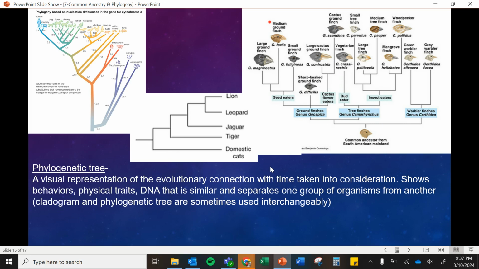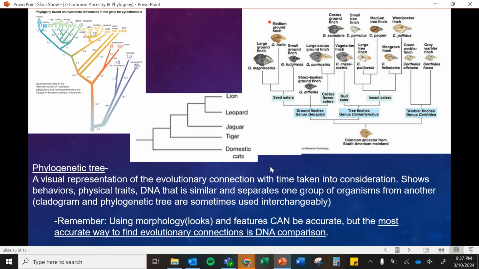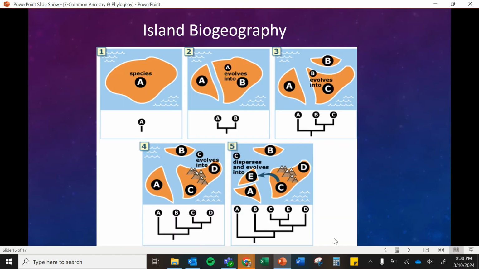Also on these, generally the length of the line is going to denote how similar things are. Yeah, so if we just look at features, it's going to give us an idea, but taking into account more information like DNA gives us a more accurate representation.